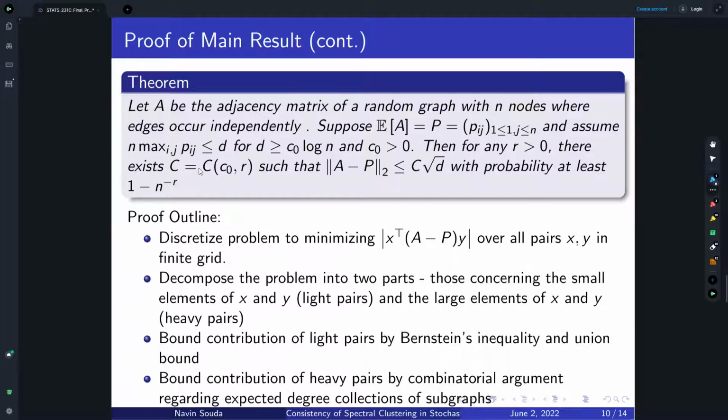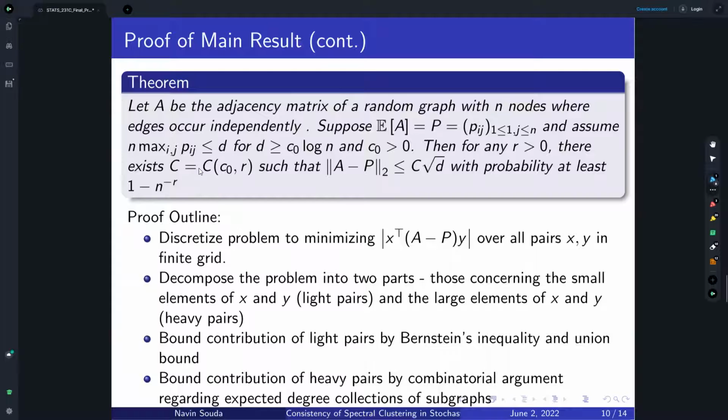There's a 5 or 6 page supplement in the paper that goes through it, but just to break it up into the steps that the authors take, the first thing to do is to discretize the problem, so that you optimize X transpose times A minus P times Y over the pairs X, Y in some finite grid. So first you make it finite, and then you want to extend that to an infinite space. Then you decompose the problem into 2 parts. There are those which concern the small elements of X and Y, which are called the light pairs.